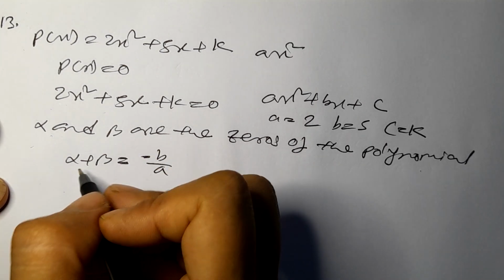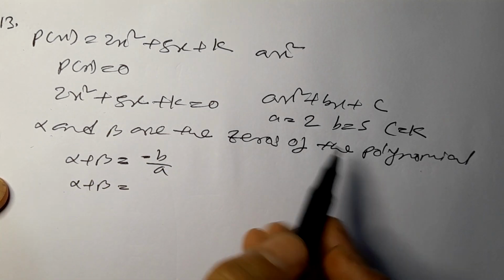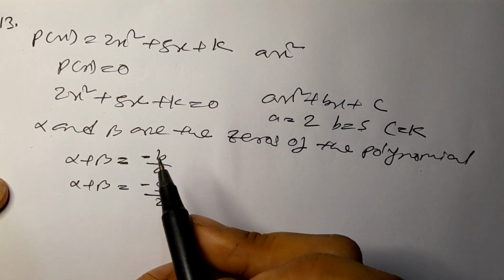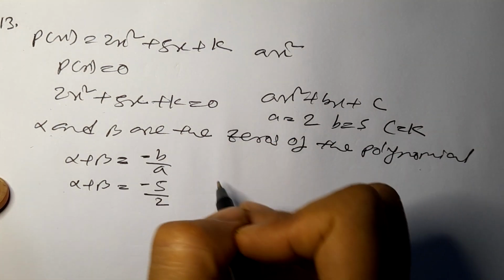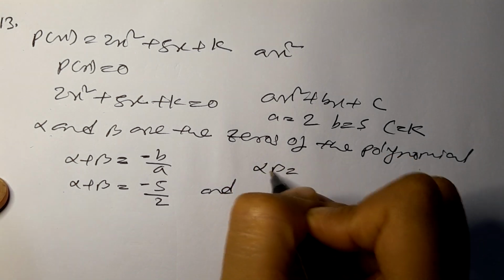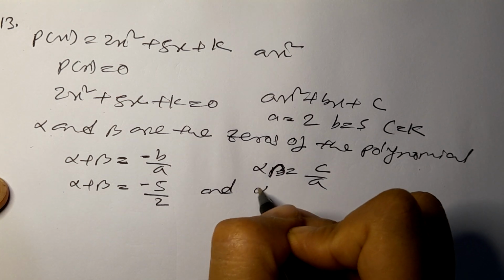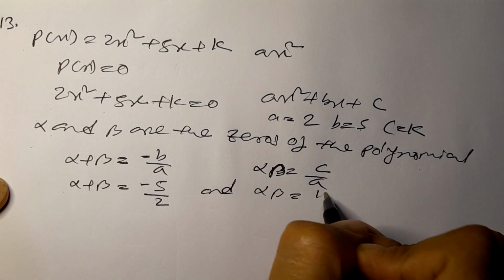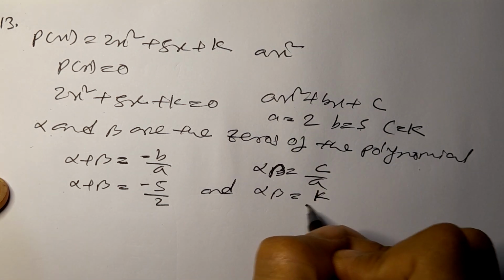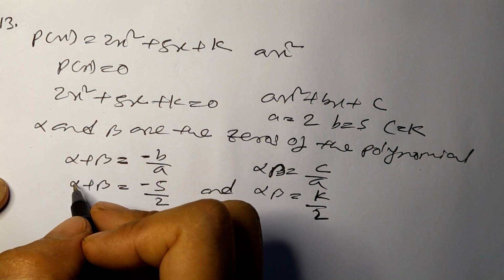Here b is 5, so alpha plus beta is minus 5 by 2. Now for the product, alpha into beta, we write c by a. The value of c is k and the value of a is 2.